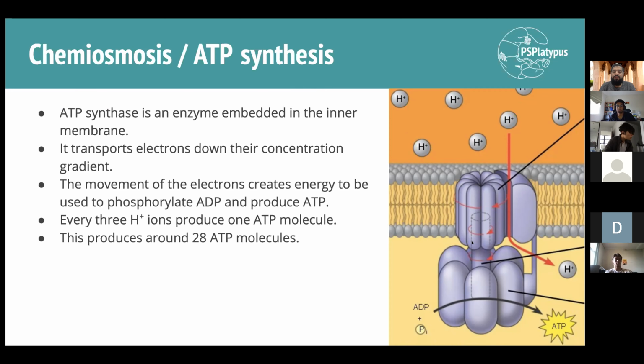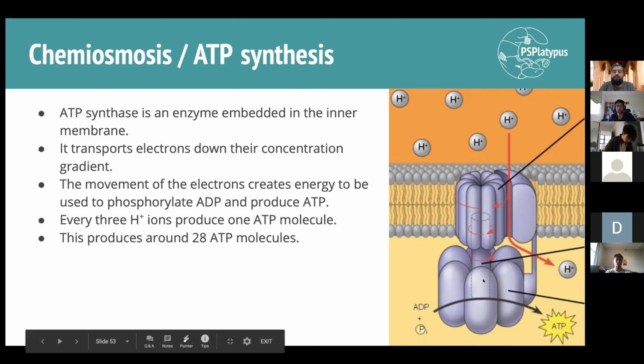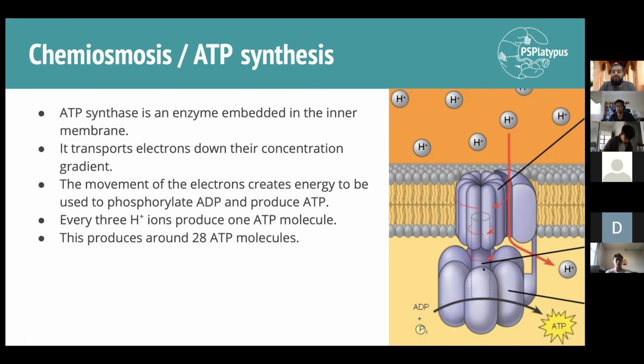The movement will make this enzyme move, so we can say it will be like a motor, and this movement will phosphorylate ADP and produce ATP.